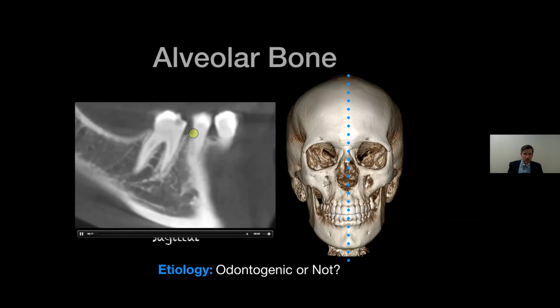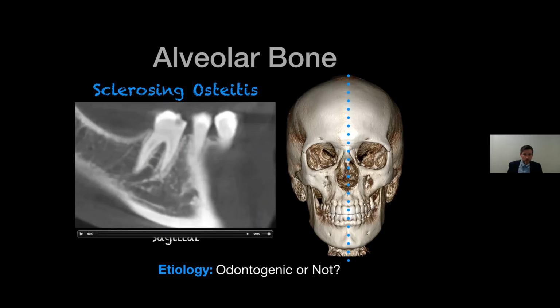Tracing the PDL space in this area, if we pretend that this large cavitation was not there, we can see the PDL looks wider here than it does in the distal root. So this would be an example of sclerosing osteitis.